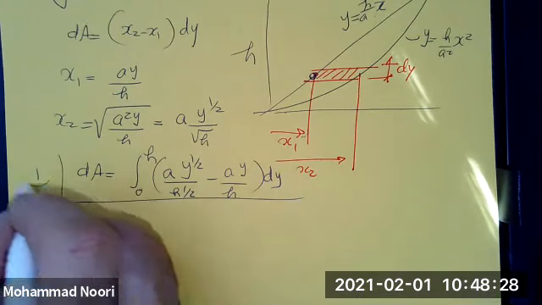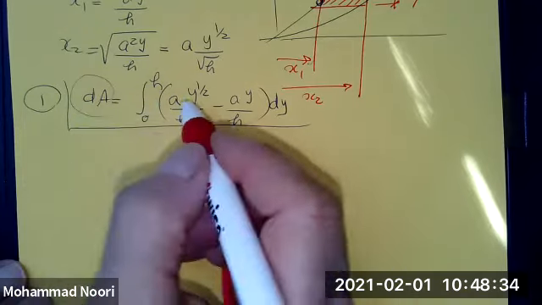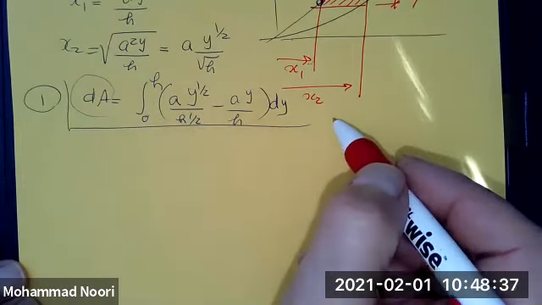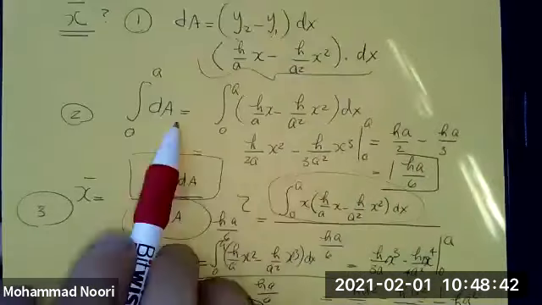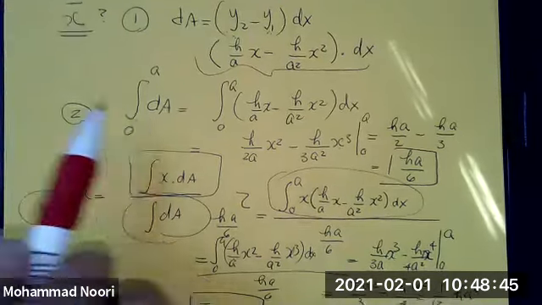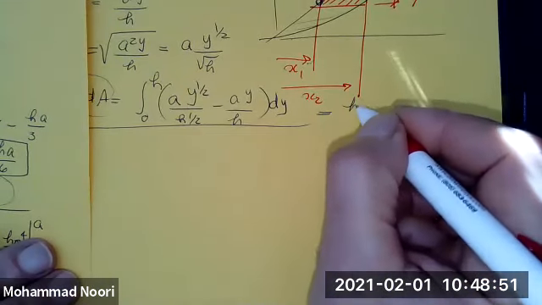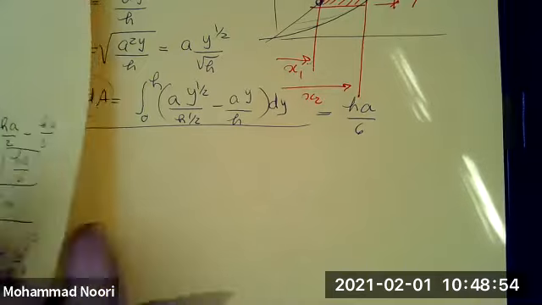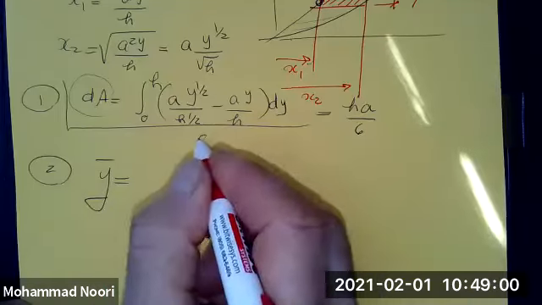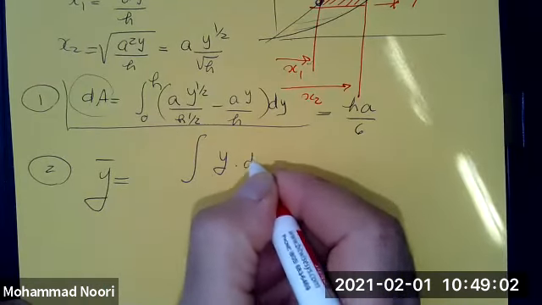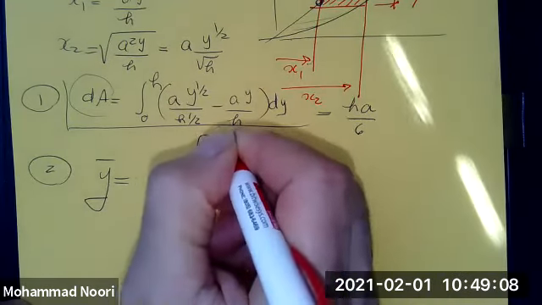I do not, however, evaluate this. The reason is that the integral of dA, which is what you're doing here, gives you the total area, and the total area is the same. So what you did earlier in evaluating the area should give you the same answer if you use this approach. So I already know the answer here. For y bar, all I need to do is set up the integral of y dA divided by the integral of dA, from 0 to h.